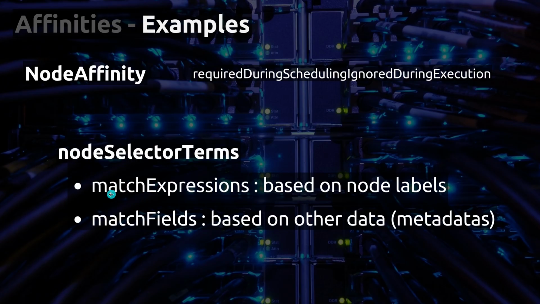And into it we can use the match expressions, meaning it's based on the node labels, because we are on the node affinity, or we can use what we named fields. So this is the match field based on metadata. For example, you may want to check the node name, so it's metadata.name, in fact, and you can use this metadata in the match field.